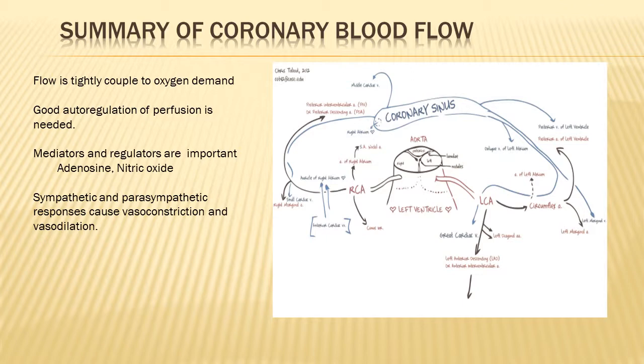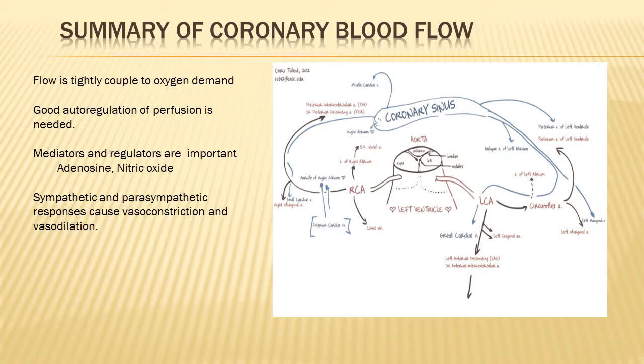Let's talk about the flow a little bit. The flow of oxygen is very demanding in the heart. It uses anywhere from 70 to 80% oxygen extraction, whereas your skeletal muscle only uses 20 to 30%. So that tells you how much oxygen is needed to get to the heart. Good perfusion and good autoregulation, with adequate pressures, are needed for your coronary arteries.